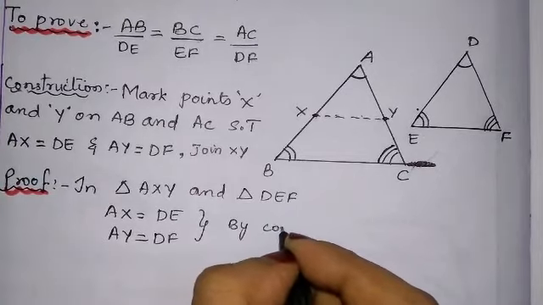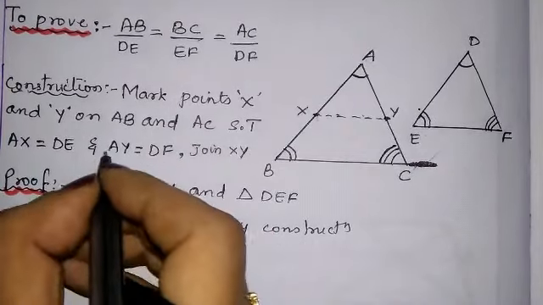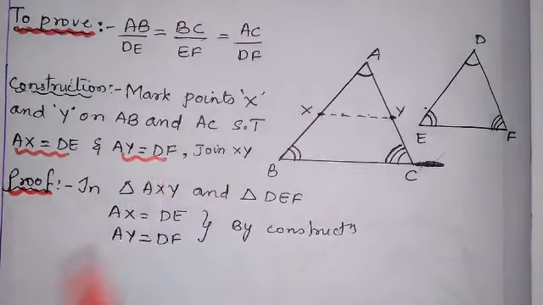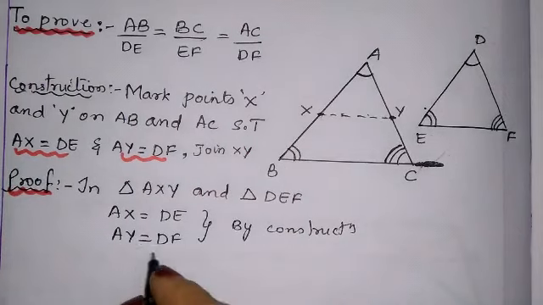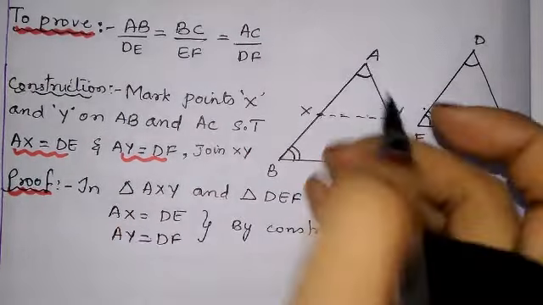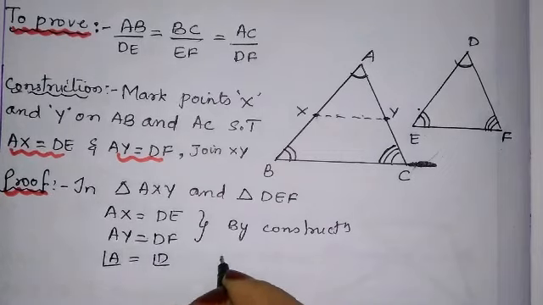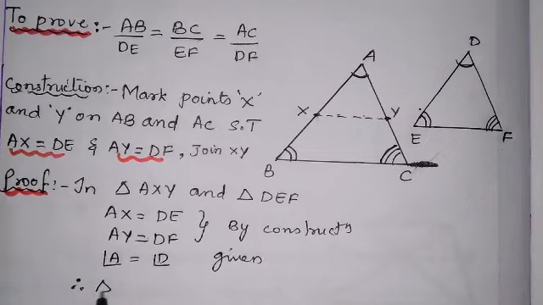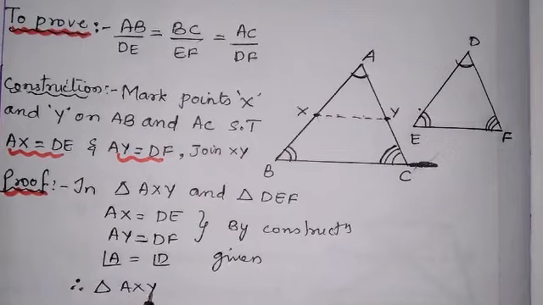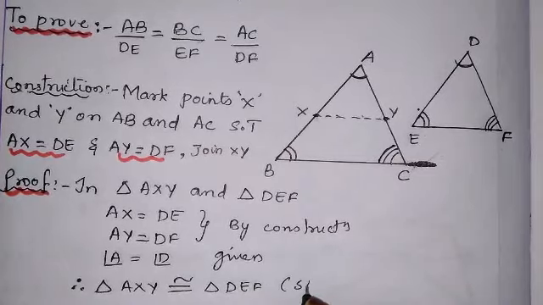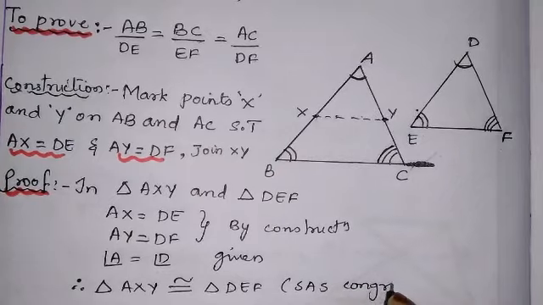This is by construction. I'll highlight so that you do not get confused. Now two sides we got equal. Now we can see angle A is equal to angle D, given. Three things we got, two sides and one angle. Therefore, triangle AXY is congruent to triangle DEF by SAS congruency.